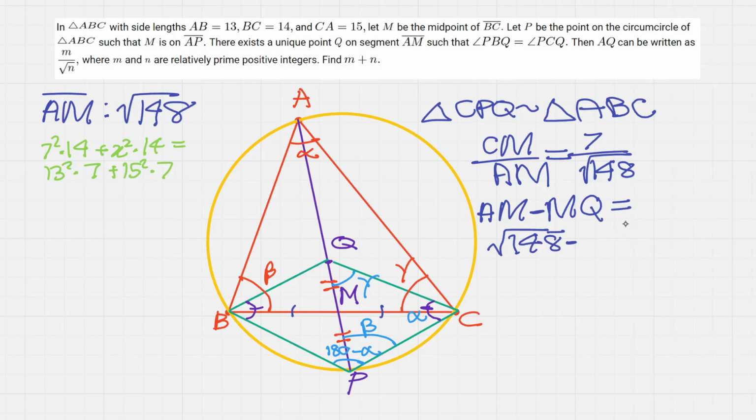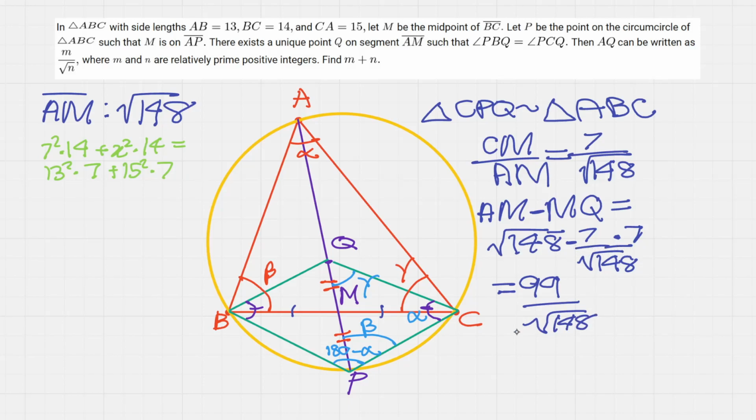So MQ is basically just MC, but scaled down by the ratio of similarity. So MQ is actually just that ratio of similarity times CM, which is 7, which is just basic similar triangles. Now, you can compute this subtraction. It comes out to be 99 divided by the square root of 148.